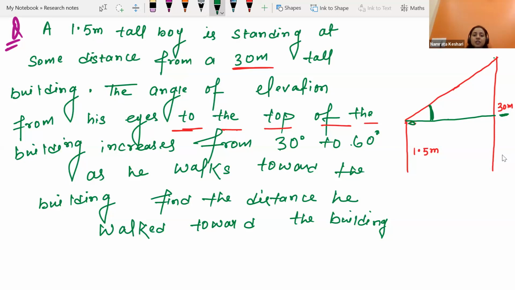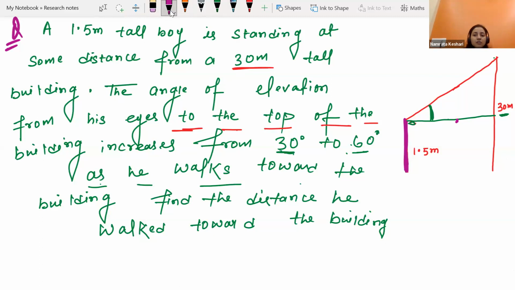The angle of elevation is increasing from 30 to 60 as he walks toward the building. Let me represent the boy with a different color. This purple color, this is the boy we are representing.